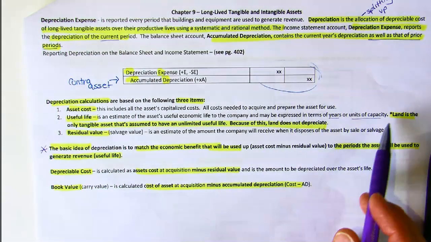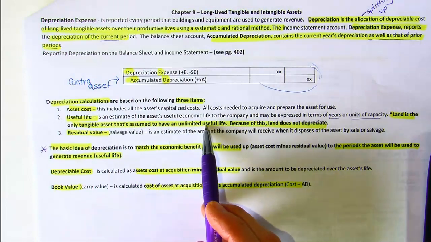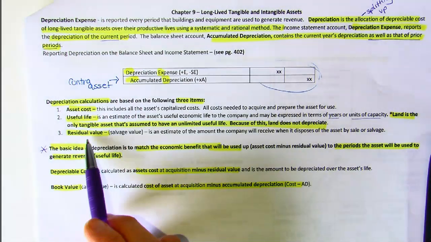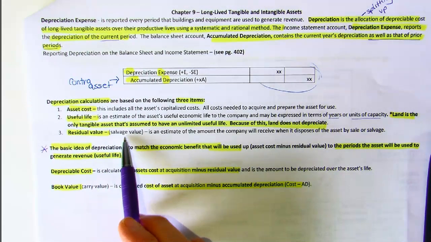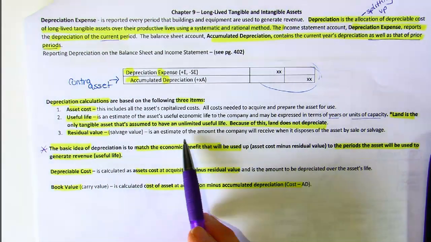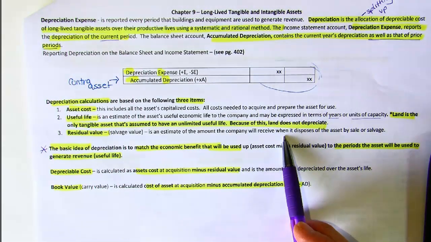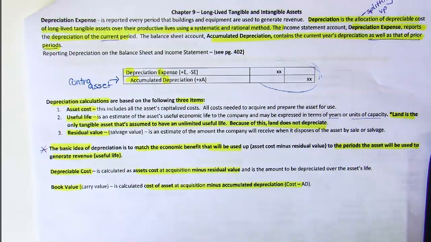And remember, land is the only tangible asset that we assume to have an unlimited life. It doesn't depreciate, so we won't be depreciating land. And the third is the residual value, sometimes called the salvage value or the trade-in value. And that's an estimate of how much that asset will be worth when you're done using it at the end of your expected useful life.